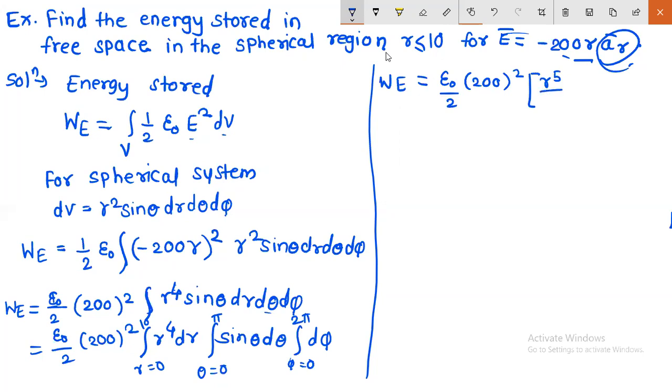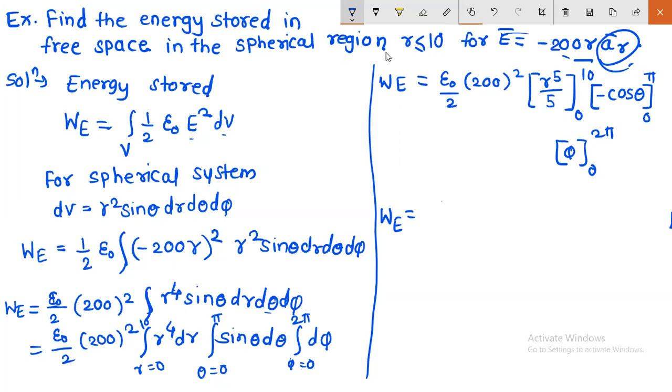It is r raised to 5 divided by 5, limits from 0 to 10, right? Then for sine theta, it is minus cos theta, varying from 0 to pi. Integration of d phi is phi, varying from 0 to 2 pi. So just put all these limits here.